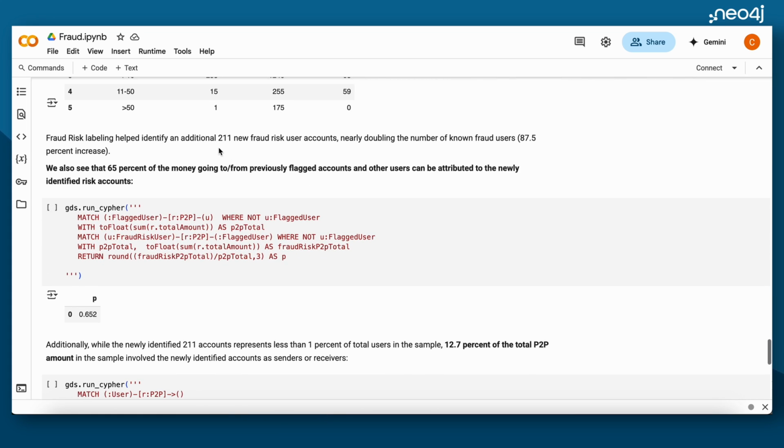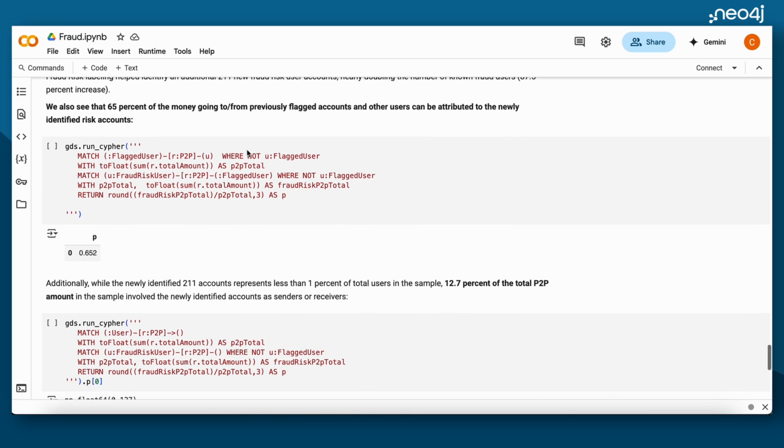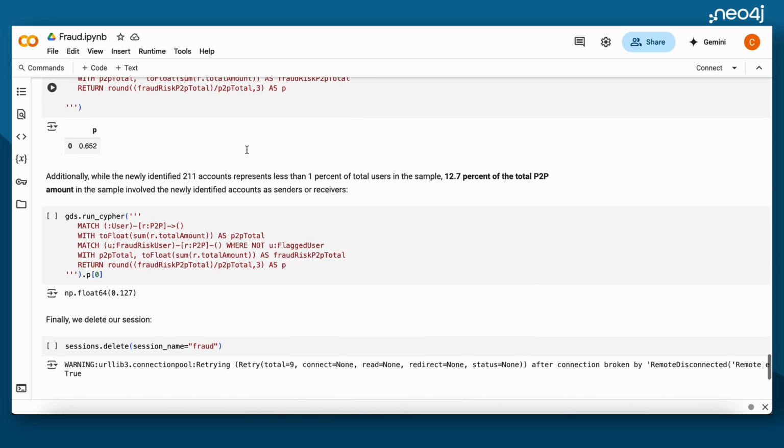So, like I said, this helped us identify 211 new fraud risk accounts, and we can see that around 65% of the money going to or from previously flagged accounts and other users can be attributed to these newly identified risk accounts. Additionally, these 211 accounts represent less than 1% of the total users in the sample, but 13% of the total peer-to-peer transaction volume, meaning that these users are highly influential and sending a lot of money through the system.